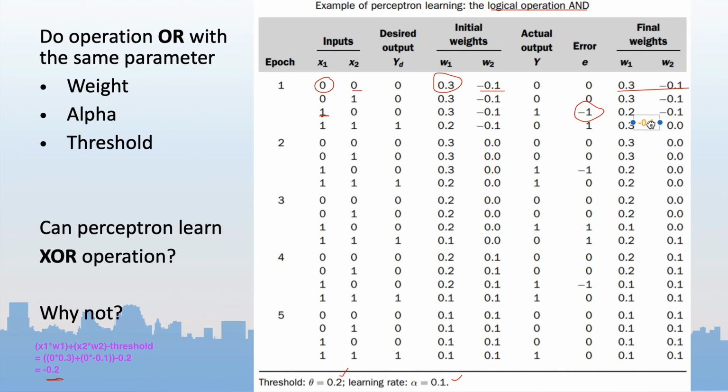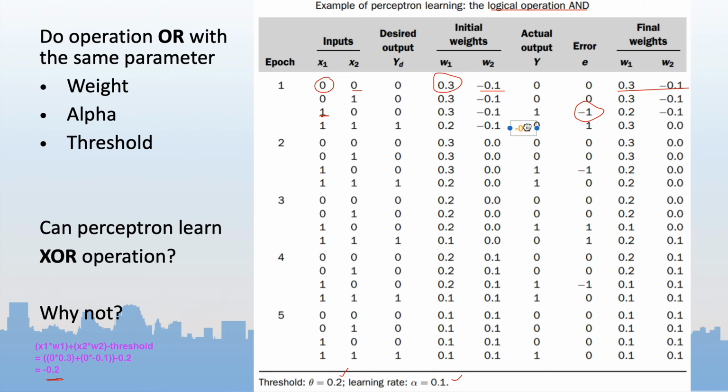So this negative 0.1 will be used. To update the final weights, we add this value to the current weights.